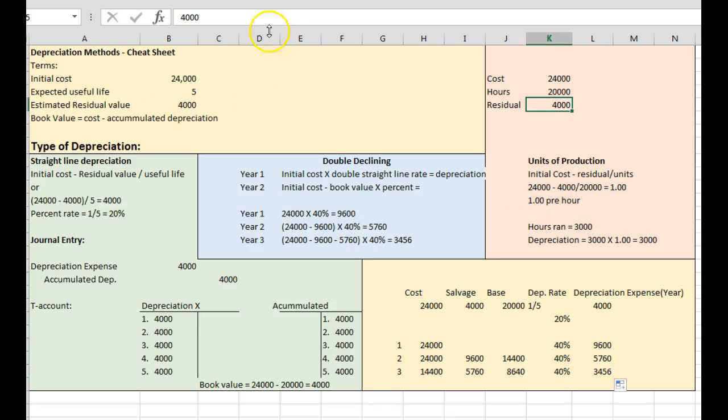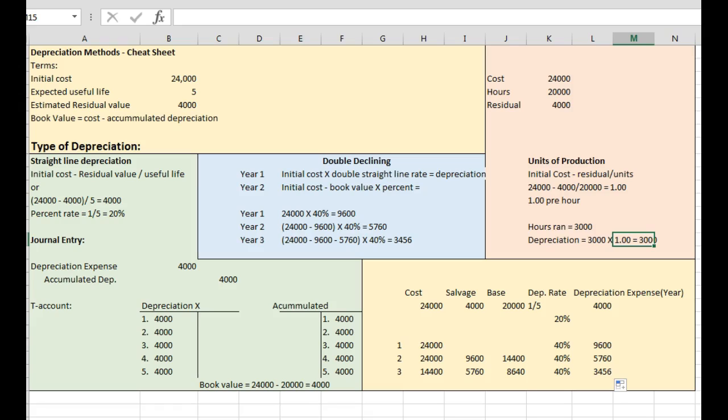So for every hour they run this machine or drive this car or equipment, whatever it is, it costs $1 in depreciation. So they ran it for 3,000 hours, and their depreciation cost is $3,000. And again, you just keep doing that for each year. Next year it could be 2,500 hours. A year after that could be 5,000 hours.